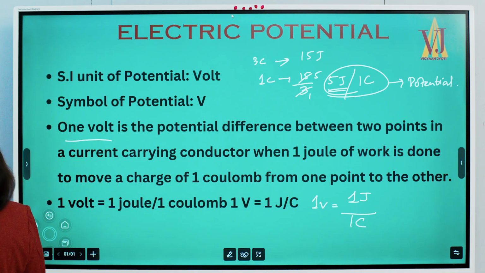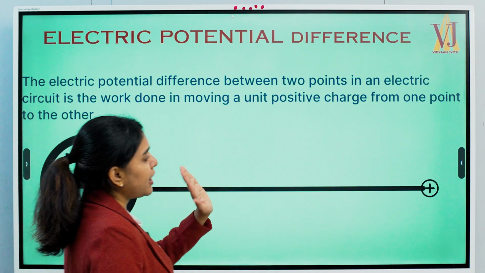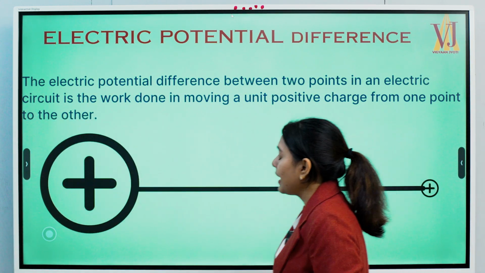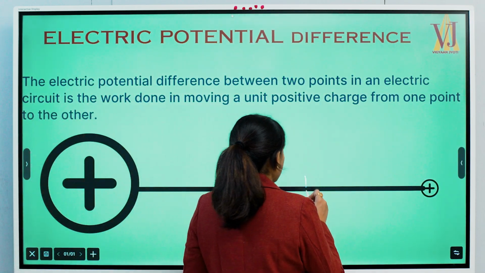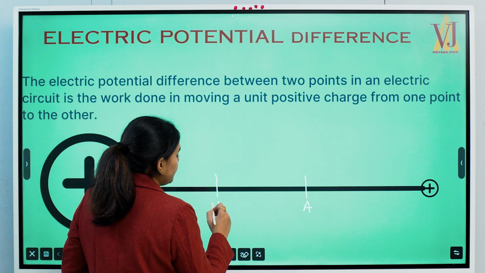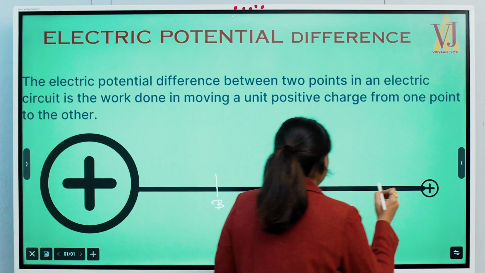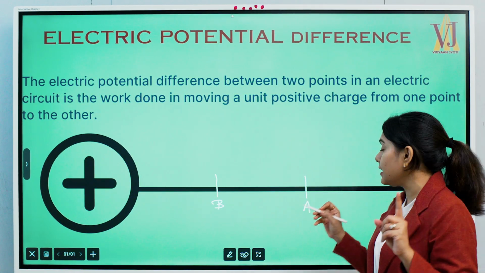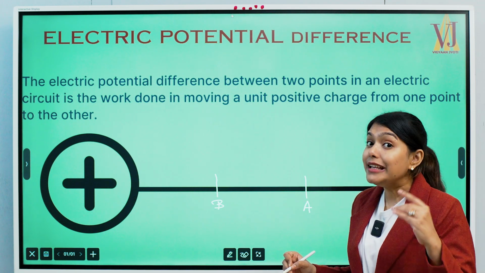Now then what comes as potential difference? If this is the same scenario that was set up before, let's say I'm trying to move this positively charged particle at point A, and again I am trying to shift it to point B. The amount of work that you have done at A, again I am talking about 1 coulomb of charge, so I am doing some work in joules.